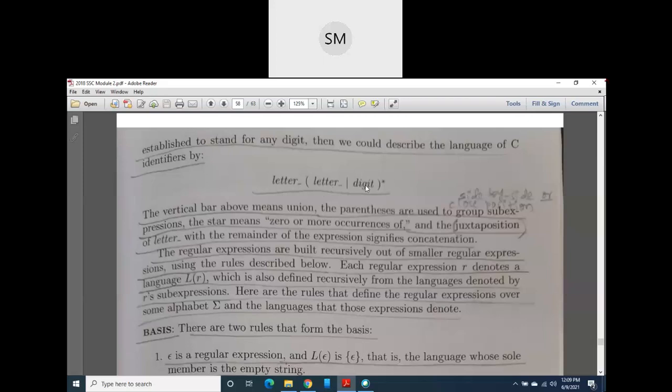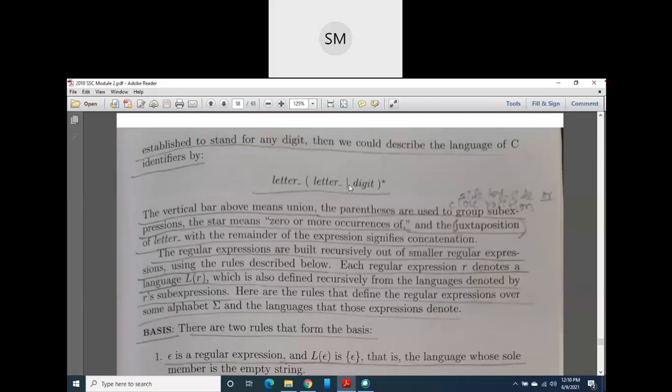And here there is this vertical pipeline, the vertical bar, which is called union. Observe my mouse cursor, the vertical bar is union. Previously in sets you used the U symbol for union, but in regular expressions, instead of that symbol, we use this vertical pipeline.